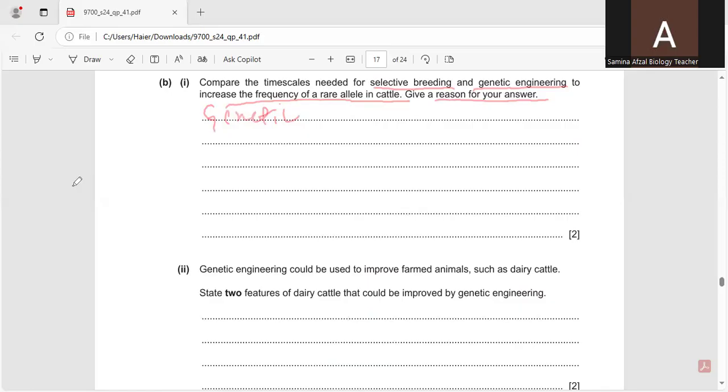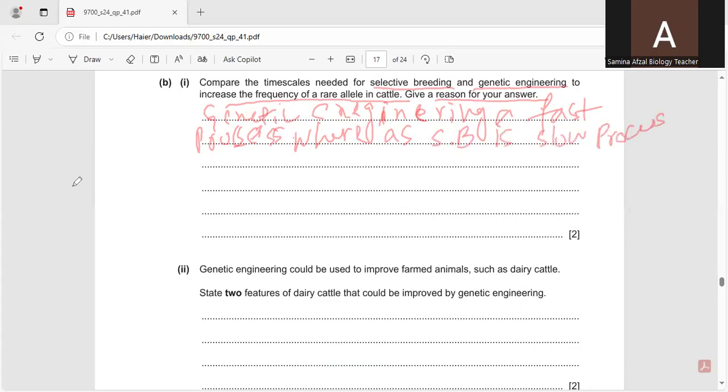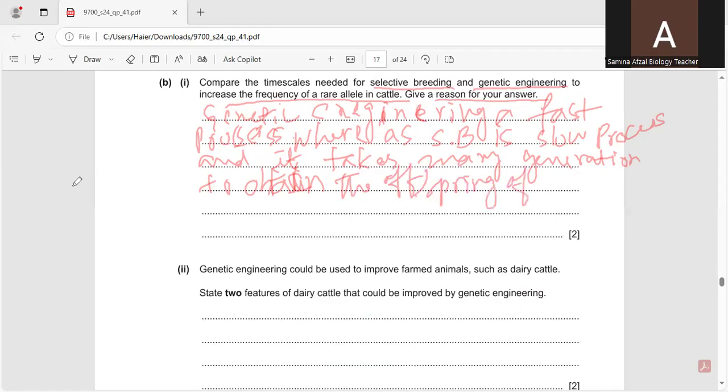So genetic engineering is a fast process, whereas selective breeding is slow and it takes many generations to obtain the offsprings of own choice.